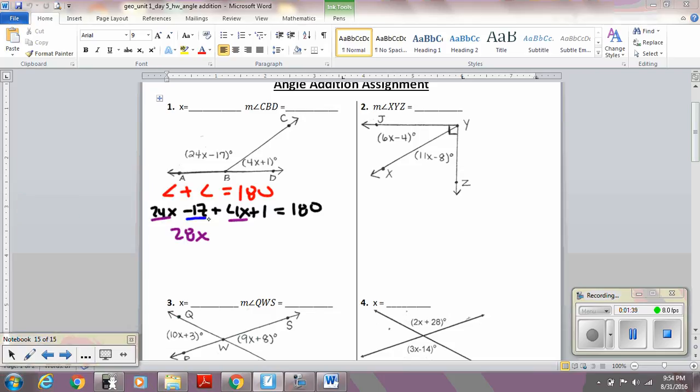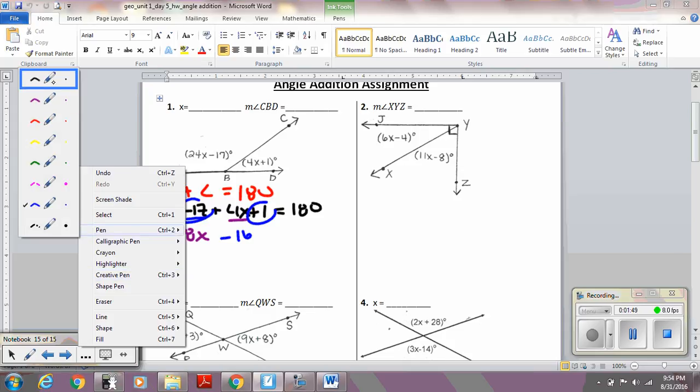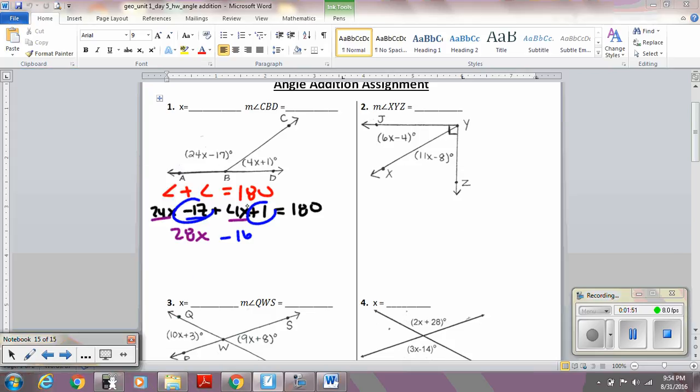Negative 17 and positive 1 will give you a negative 16. Bring down your equals and your 180.